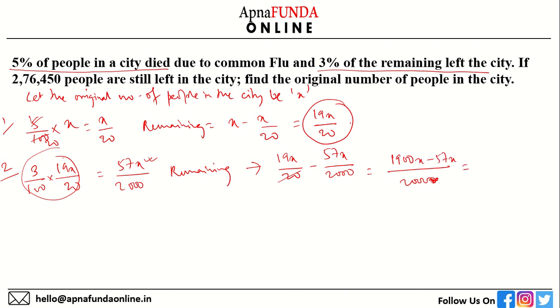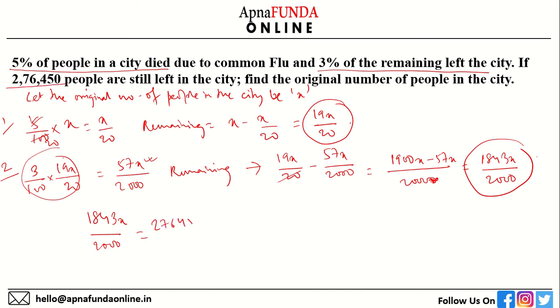This will be 1843x divided by 2000. This is the number of people now remaining who are still left in the city. This is equal to 2,76,450 people. Now we have to solve for x.